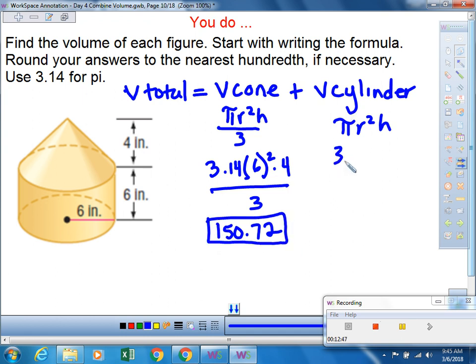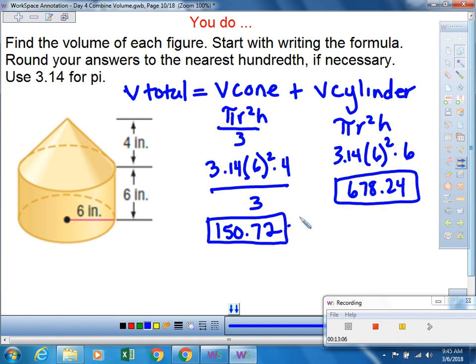Now, this would be 3.14. The radius is the same. It's 6 squared. The height of the cylinder is now 6. So when you calculate that out, you get 678.24. Everyone agree? Now I'm going to take these, I'm going to add them.